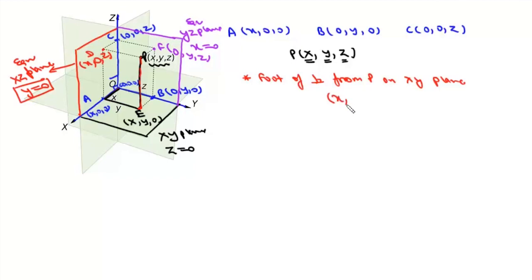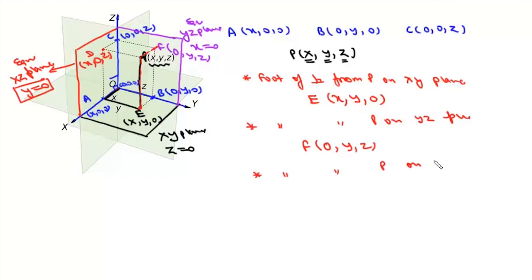So this point will be simply x, y, 0, and it is nothing but E. In the same way, if we find foot of perpendicular from P on yz plane, it is this F, and it will be given by 0, y, z. And foot of perpendicular from P on xz plane: now on xz plane, y coordinate is 0, and this point is D. It is x, 0, z.